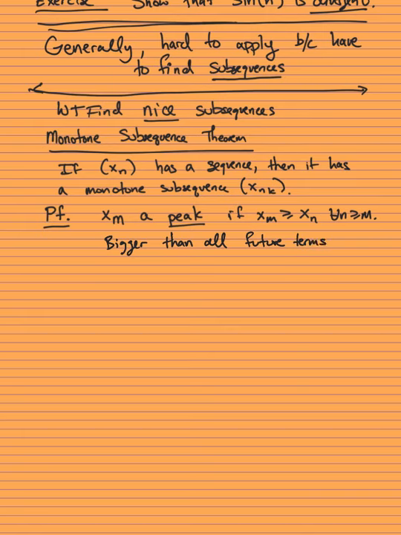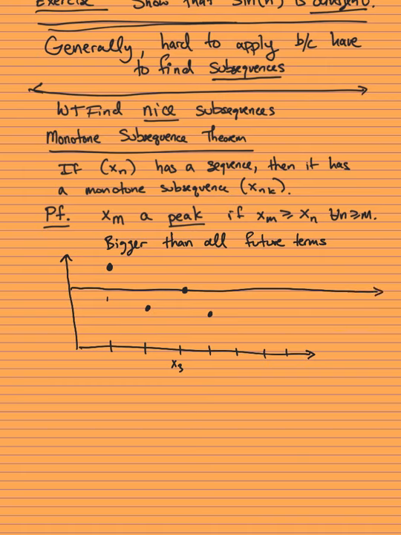Okay, so let me give you kind of the picture here. It's useful to start thinking of this actually as a function from N to R. So these are going to be my points in my sequence. Looks something like this. And what it's saying is if x_3 is a peak, okay, then I know that for any other term in my sequence, it has to be less than or equal to x_3.